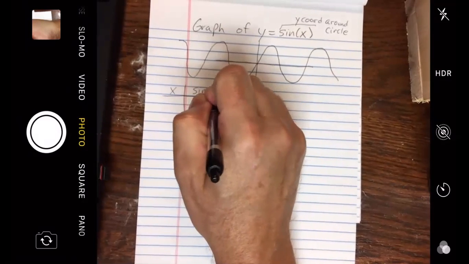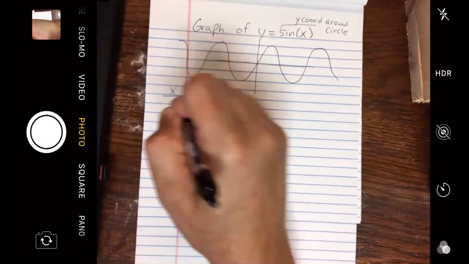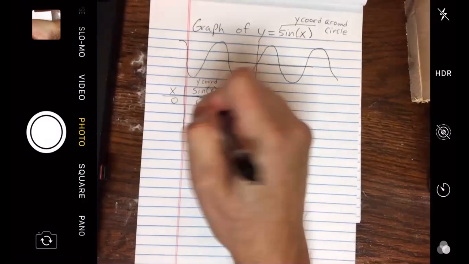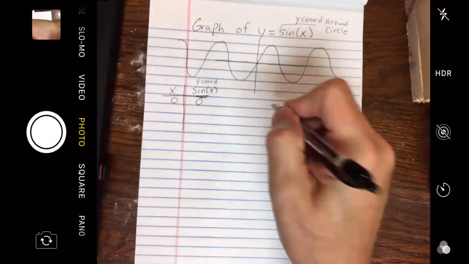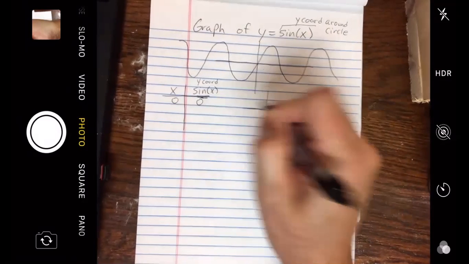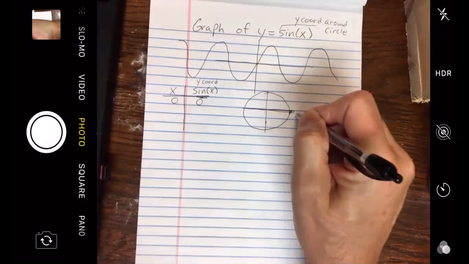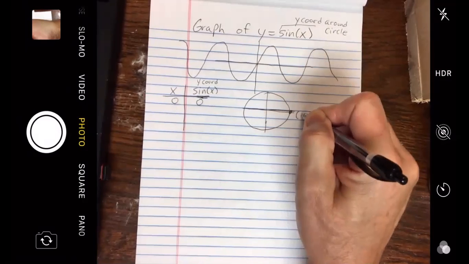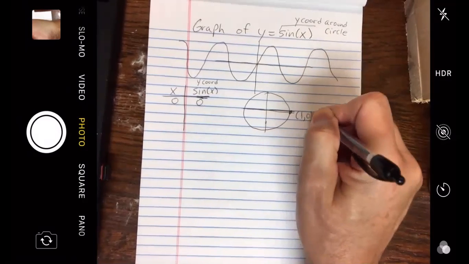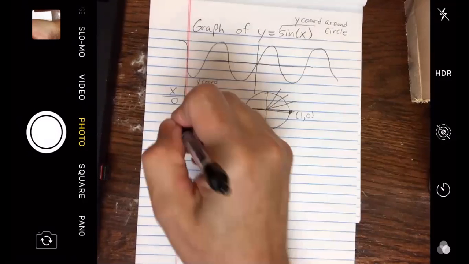Sine of x. This is the y coordinate. Sine 0 is 0. If you relate this to the circle, remember you start at 1, 0, and we'll just do 30 degrees, pi over 6.